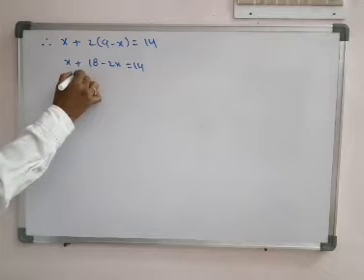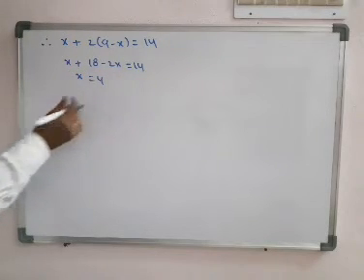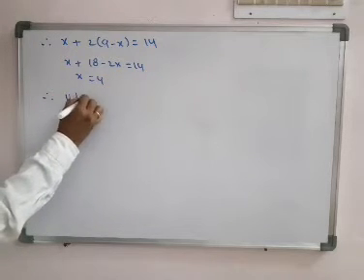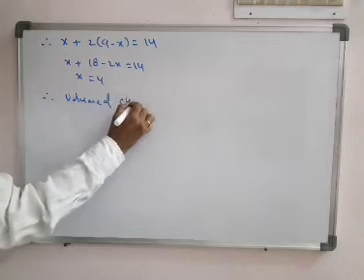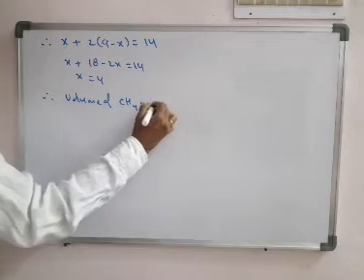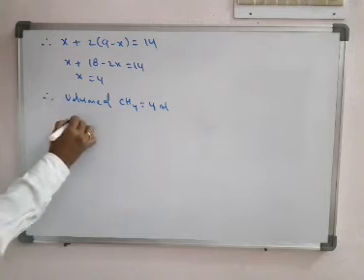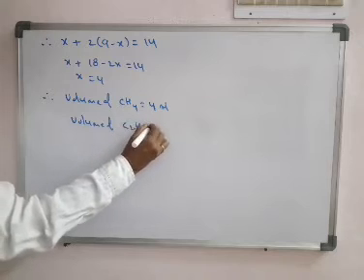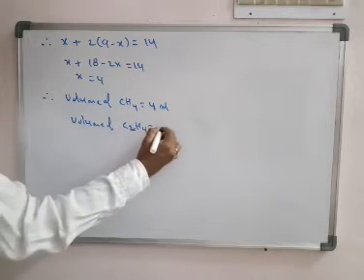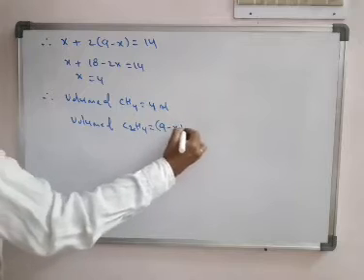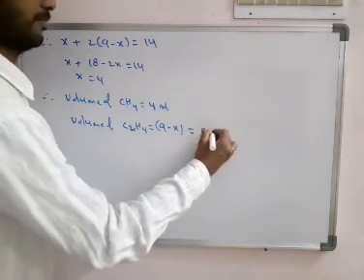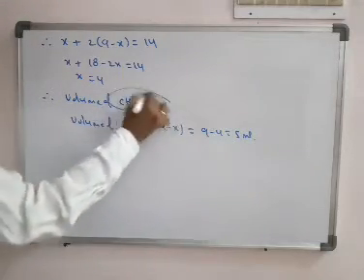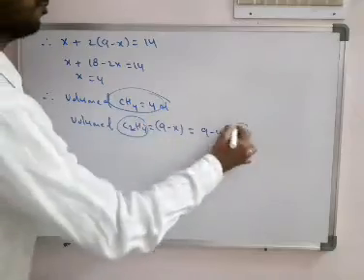So here X equals 4 milliliters. Therefore, the volume of methane is 4 milliliters, and the volume of ethene, or ethylene, is 9 minus X, that is 5 milliliters. So the composition is methane 4 milliliters, ethene 5 milliliters.